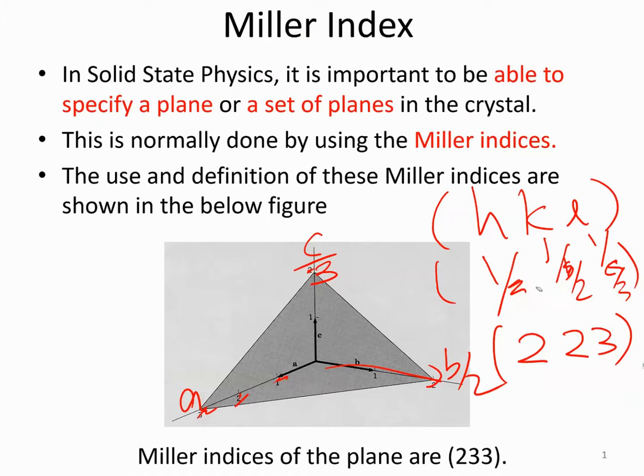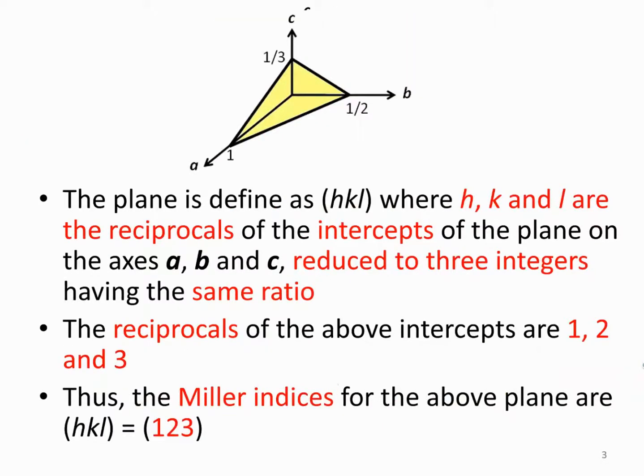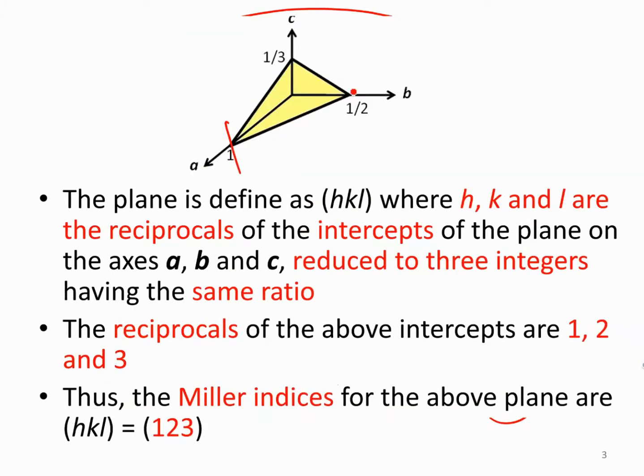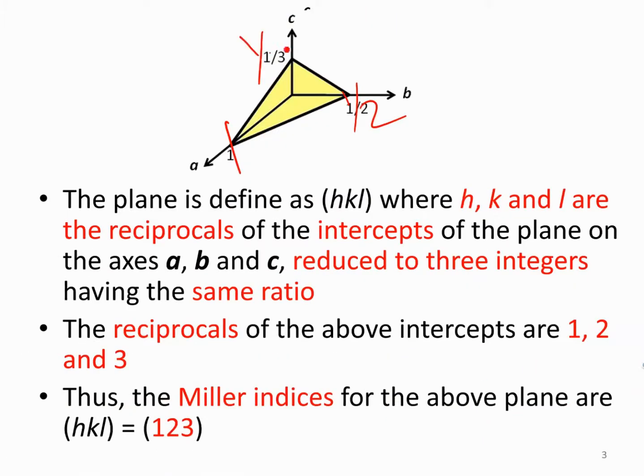No, sorry, come again. I got it wrong. This is A, 1 over 1. And then this is 1 over 2. This is 1 over 3. So we get 1, 2, 3. Yes, the correct one is 1, 2, 3. So A equals 1, B equals half, like the previous case, and C equals 1 over 3.